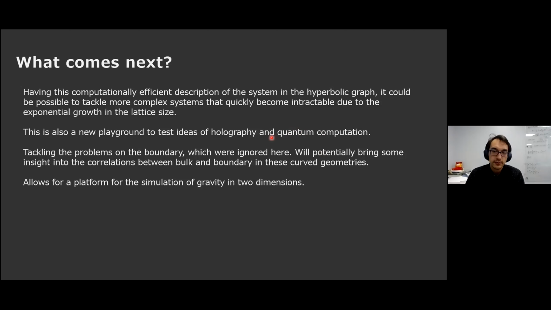This would give a tool for a more efficient computation of quantities in this type of geometry. They also mention that this would eventually give a platform for the simulation of gravity in 2 dimensions. And that essentially closes the presentation. Thank you very much.